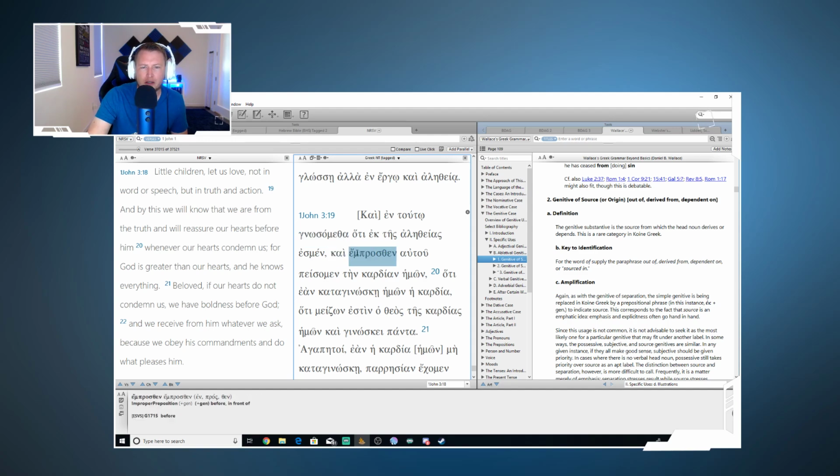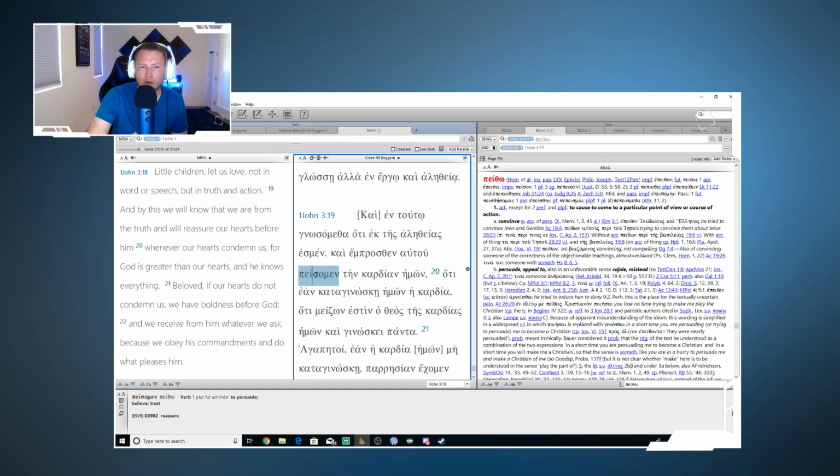And emprosthen, before him, peisomen. This is from peitho, to persuade. And we will persuade our hearts before him.